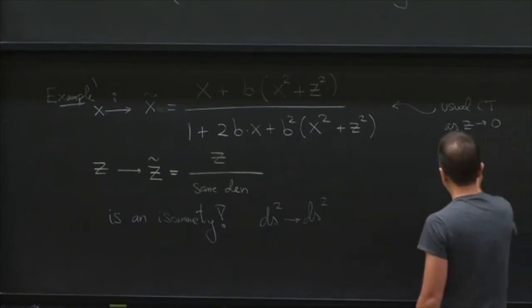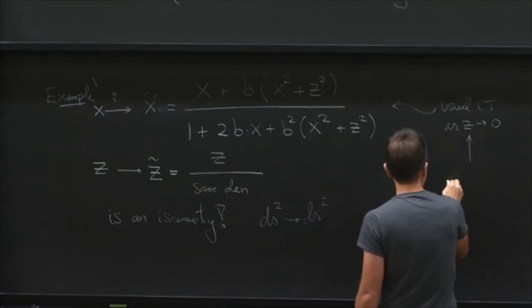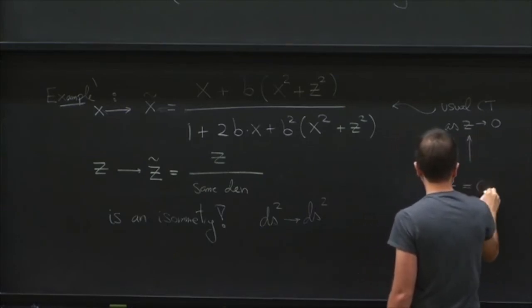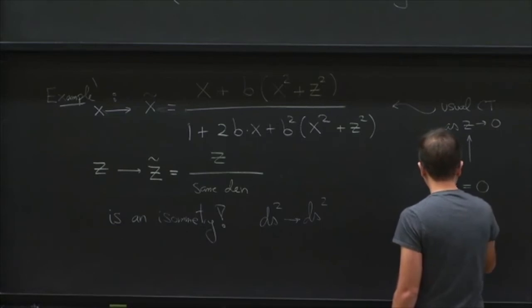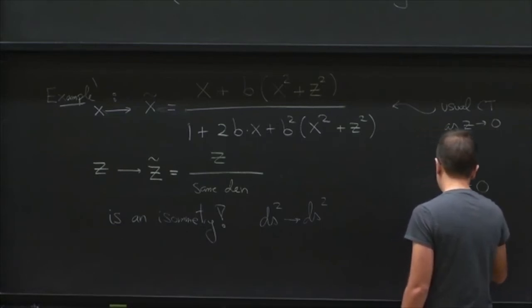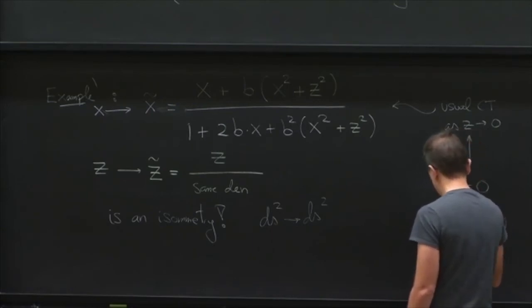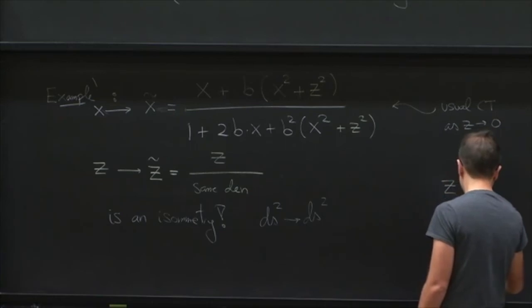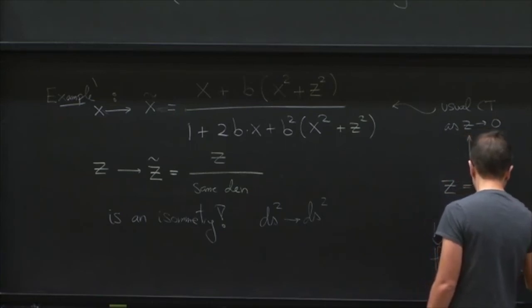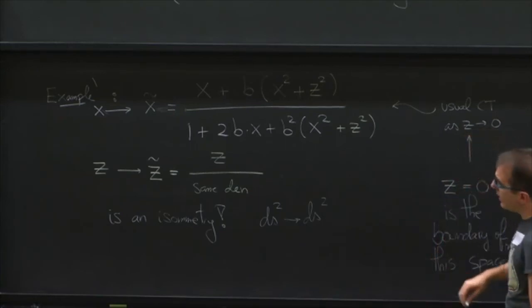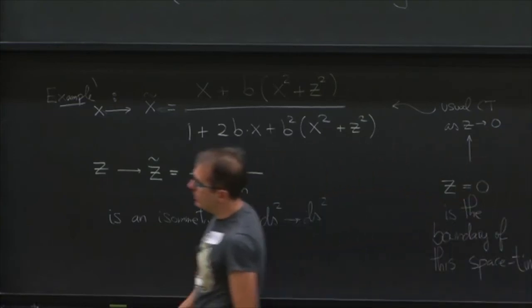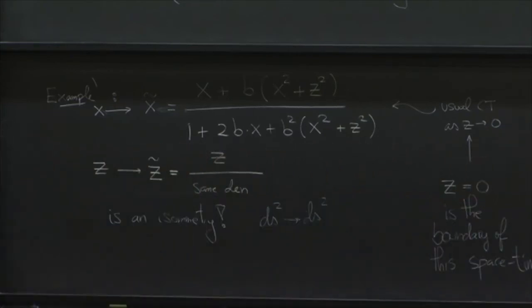Note that related to this comment, z equal to 0 is the boundary of this spacetime. So at the boundary of this spacetime, this first foliation here, that z equals 0, I can transform points.